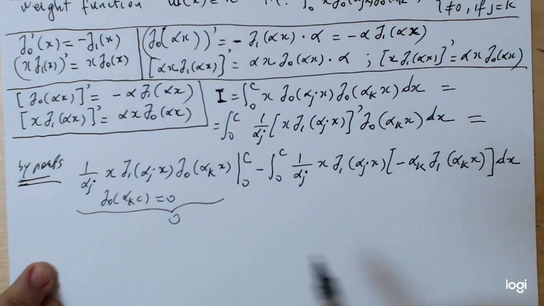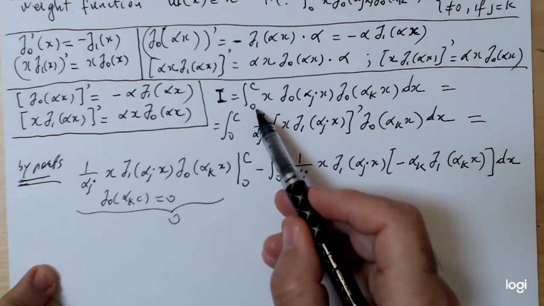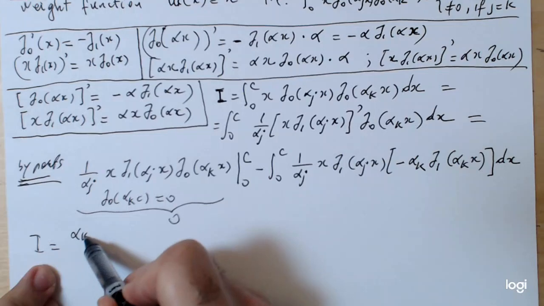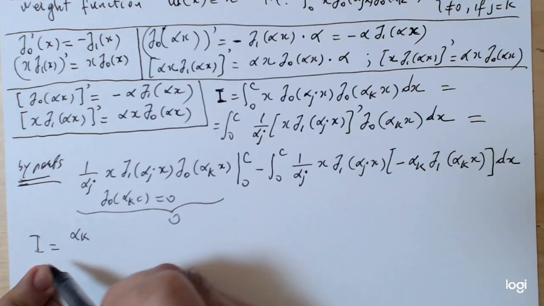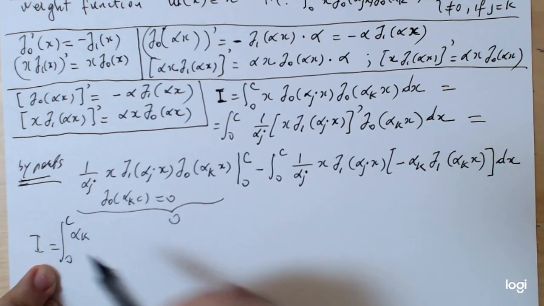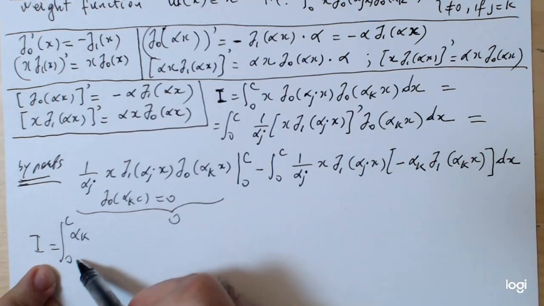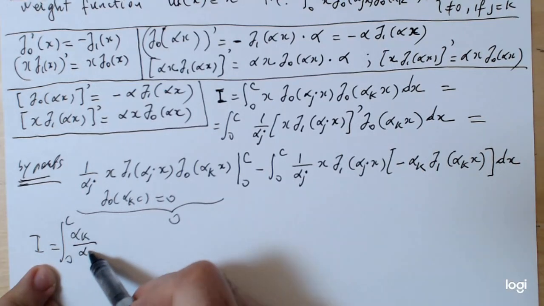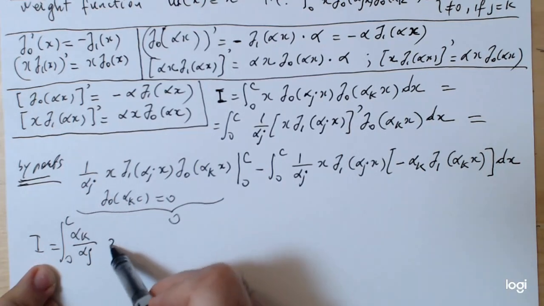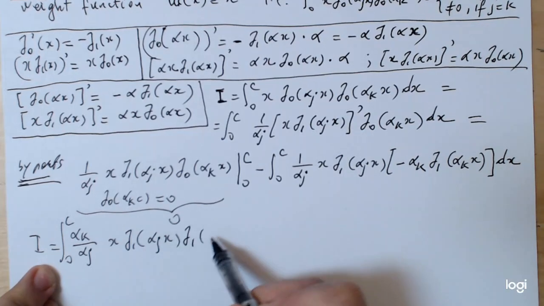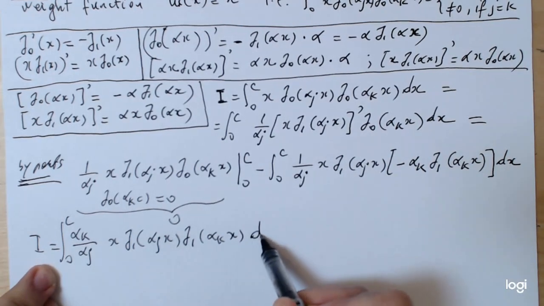We showed basically that the integral we started with is nothing but alpha_k, the integral from 0 to c. We have a minus here and another minus inside here. They cancel. So the integral from 0 to c, alpha_k over alpha_j x J1 of alpha_j x J1 of alpha_k x dx.